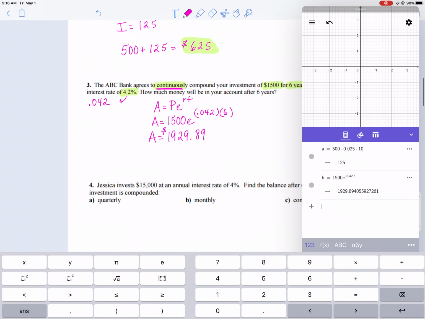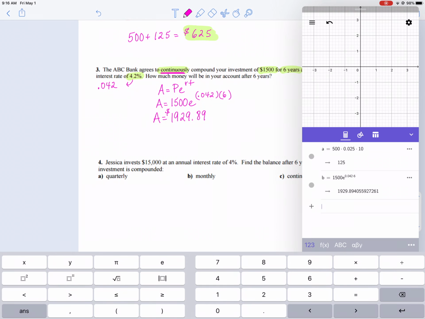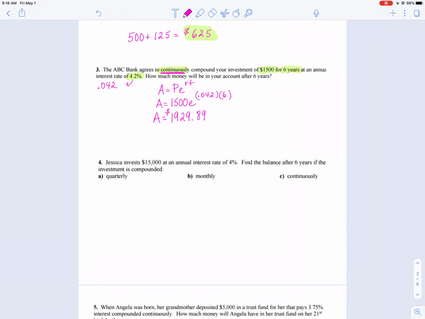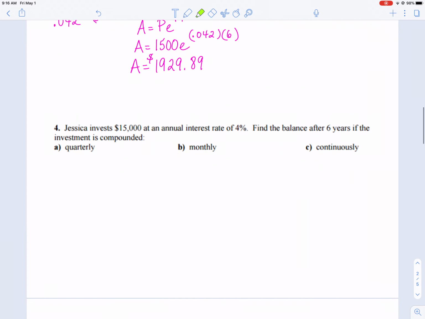Okay, good. Let me get this a little smaller. Okay, this is a good one. So in number 4, they say Jessica's investing $15,000 at an annual interest rate of 4%. Find the balance after 6 years if your investment is compounded, and they have 3 different things: quarterly, monthly, continuously.